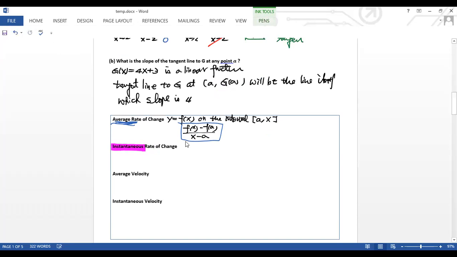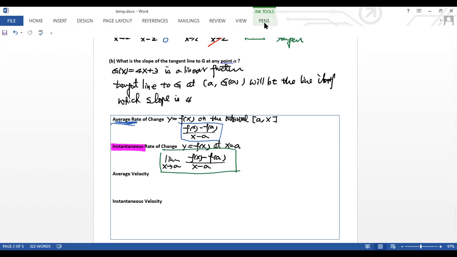The way we define the instantaneous rate of change of y equals f of x at x equals a, at that specific moment, is the limit as x approaches a of f of x minus f of a over x minus a. That's the average rate; this is the instantaneous rate of change. It's the slope of that tangent line at that moment.